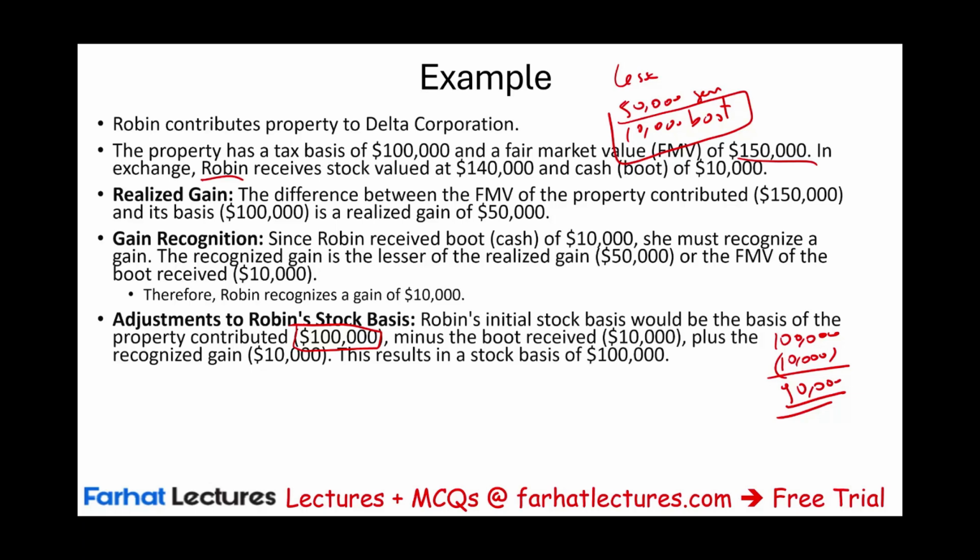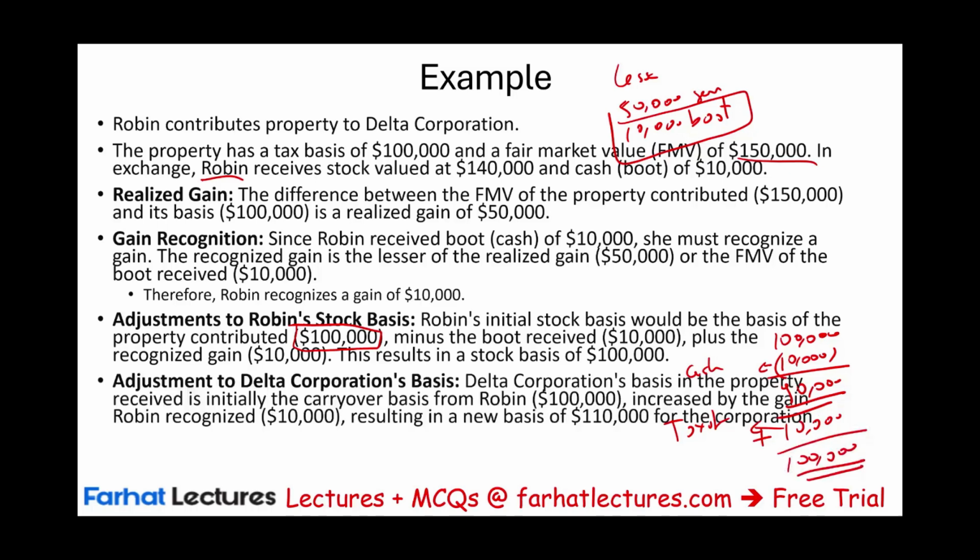Then, because Robin recognized the gain, and once you recognize the gain, it means the gain is taxable, you add back the gain, you're back to 100,000. Again, we'll work a comprehensive example for how boot affects the basis.